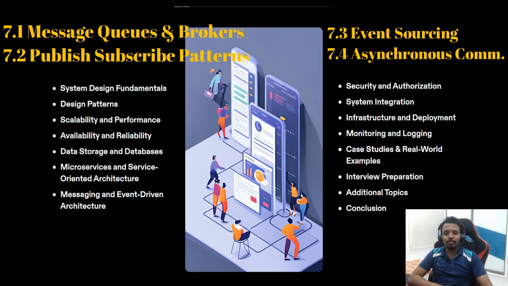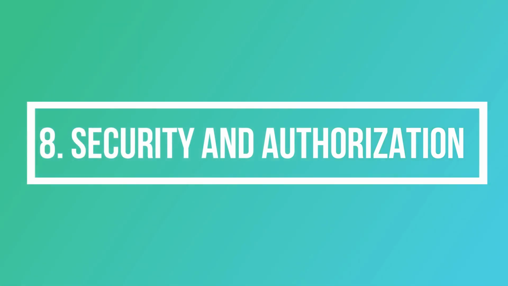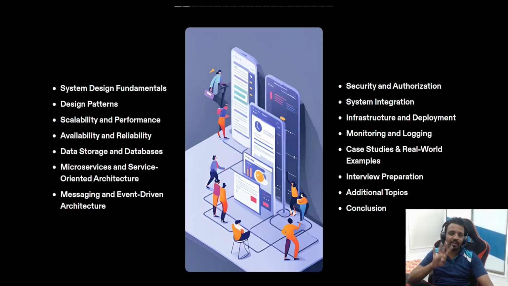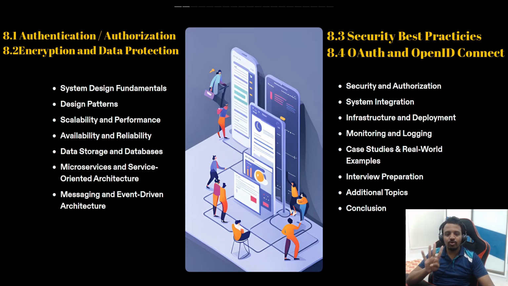So with that we'll jump on to topic 8, which is security and authorization. As part of this, again we have 4 subcategories: authorization, authentication, encryption, data protection, security best practices, OAuth and OpenID Connect. Is that it?